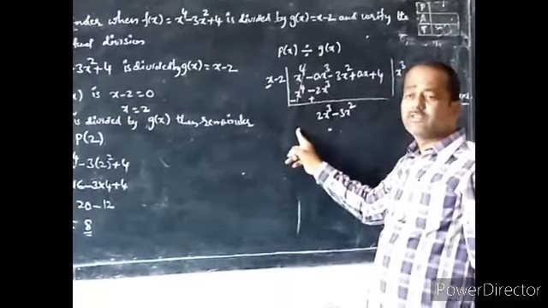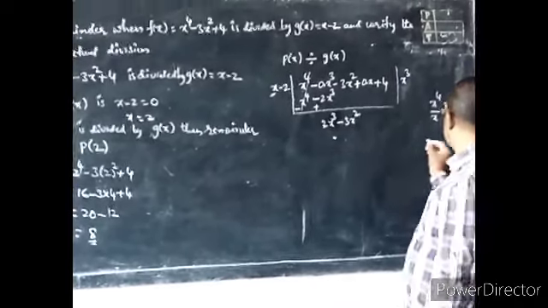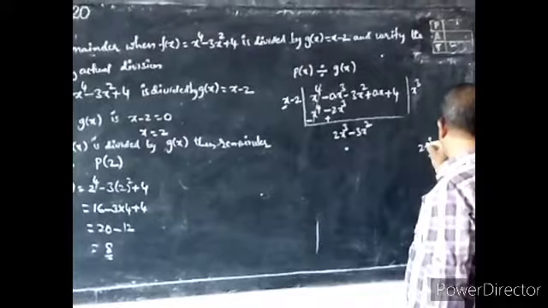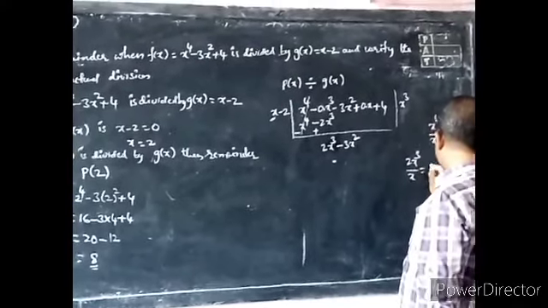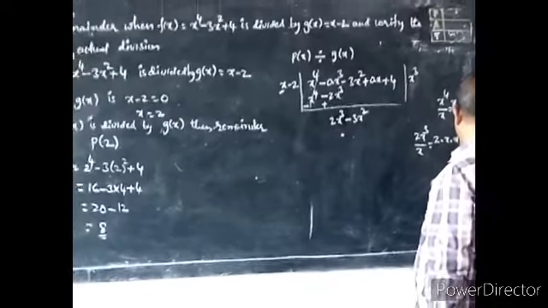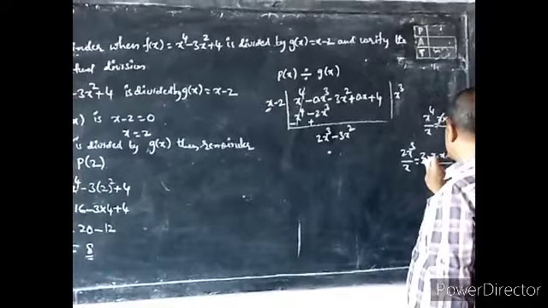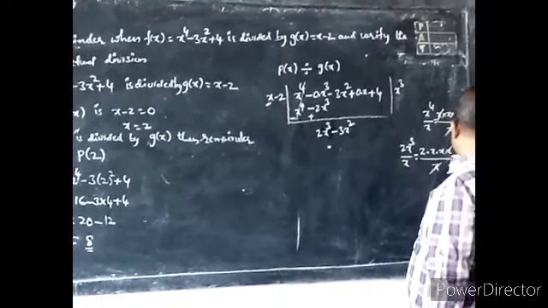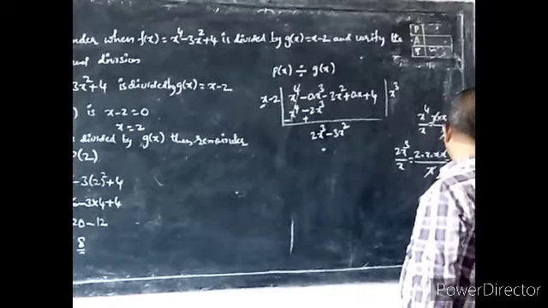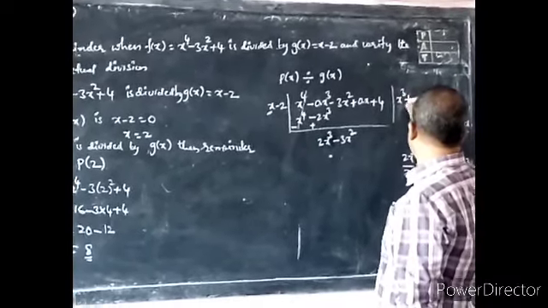The value becomes 0, that is the rule of division. Now 2x cube by x: 2x cube means 2 into x into x, again by x, x gets cancelled. 2 into x, 2x square.